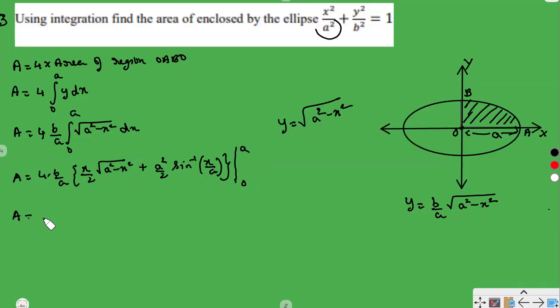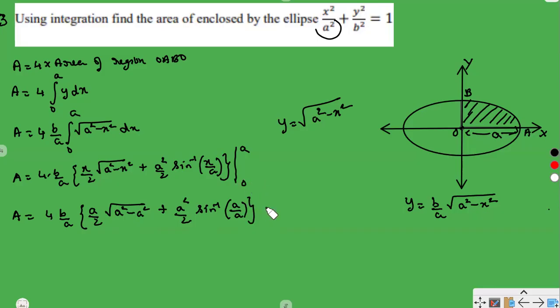So write A equals 4 b by a into, now applying the upper limit, wherever there is x, I have to put a: a by 2 root of a square minus a square, and a square by 2 sine inverse a by a.